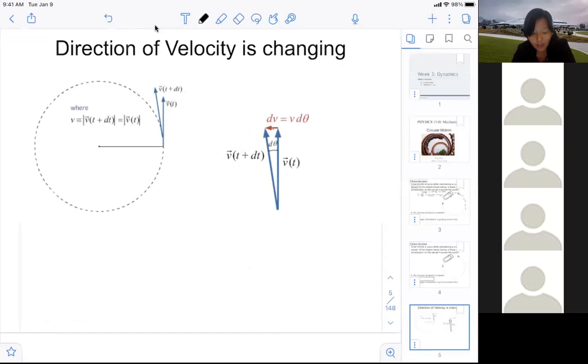So let's take a look at the direction of the velocity, and also derive the magnitude of this acceleration. This has already been in your pre-lecture, you have seen this already.